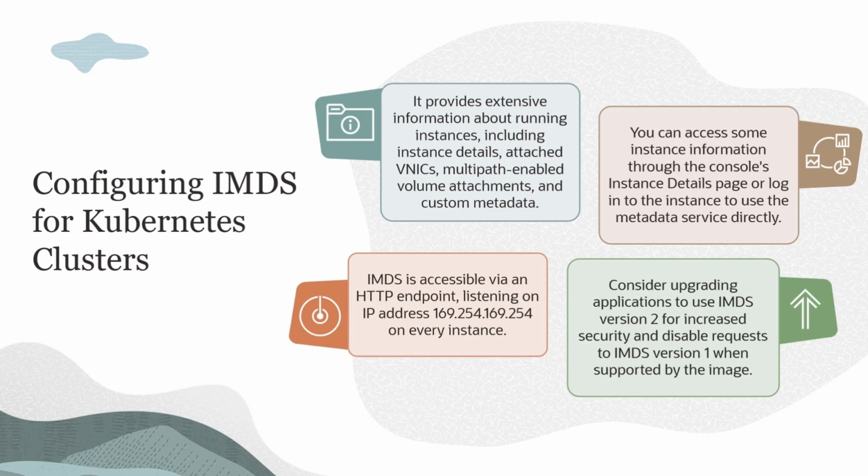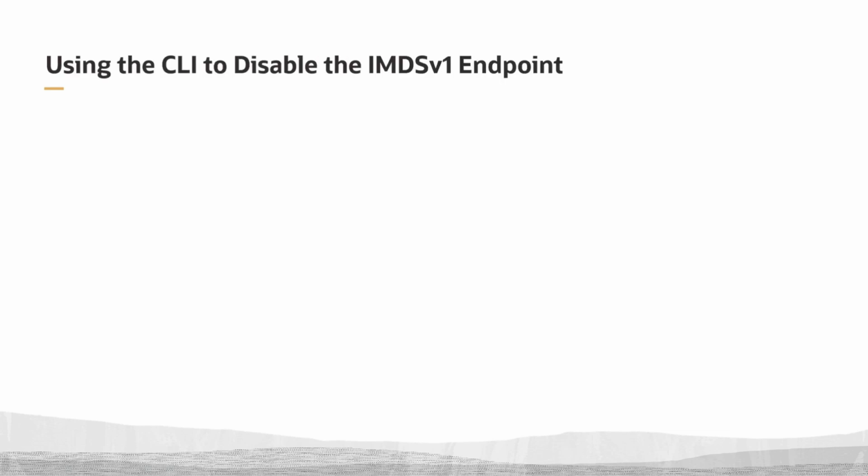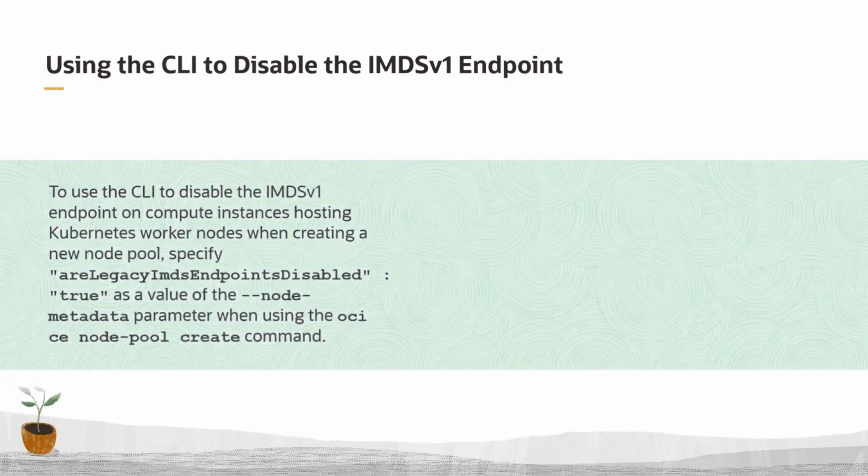Let's explore how to utilize the CLI to disable the instance metadata service IMDS v1 endpoint on compute instances. This process is crucial for enhancing the security of our infrastructure.